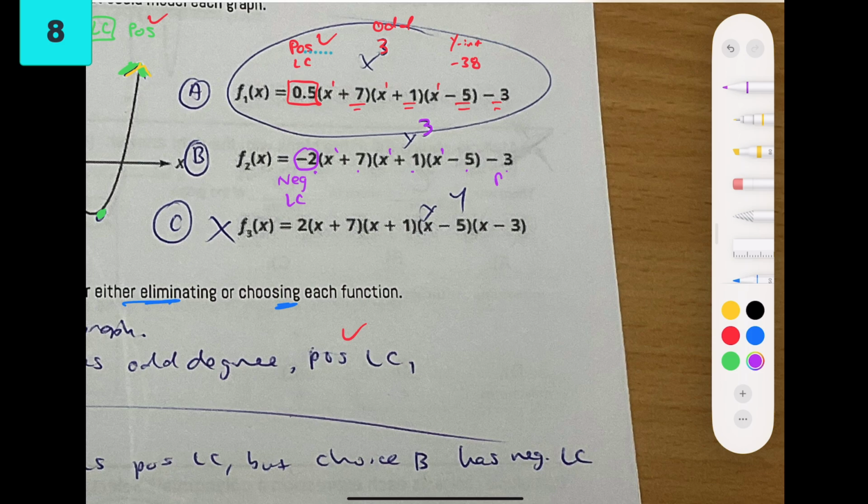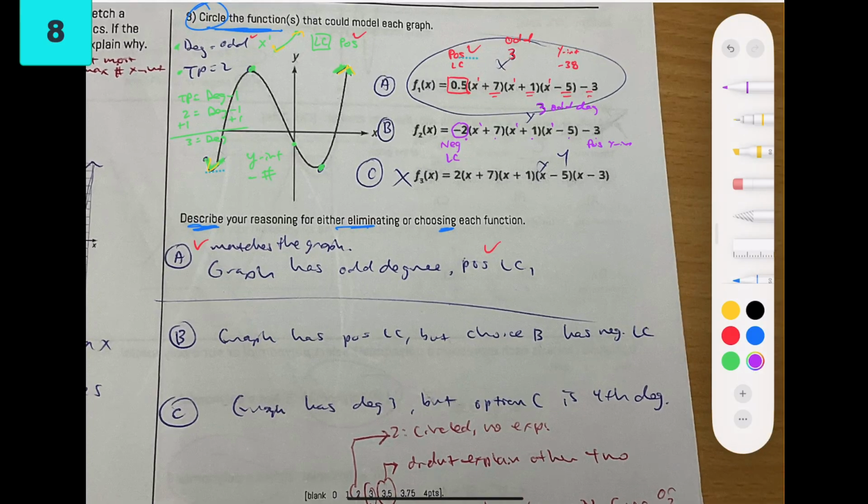So that'll still be a positive y-intercept. So we have an odd degree, but a negative leading coefficient. So yes for the purple, leading coefficient, no. And that's what I wrote. The graph has a positive, but we have a negative.